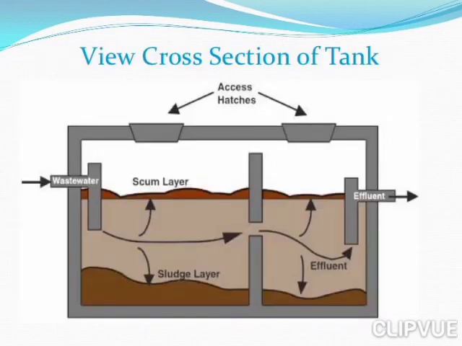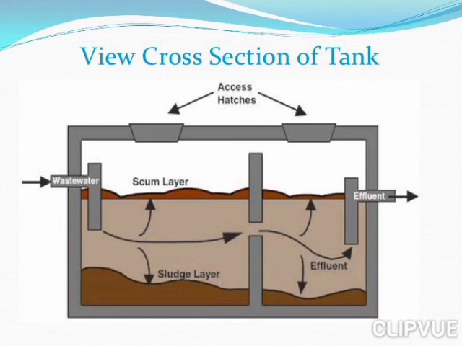So here we can see the cross section of a septic tank. Now in the given diagram we can see the two access hatches, and on the left hand side we can see the wastewater coming from kitchen and bathroom through the inlet pipe. So as it enters here, it is formed into three layers.